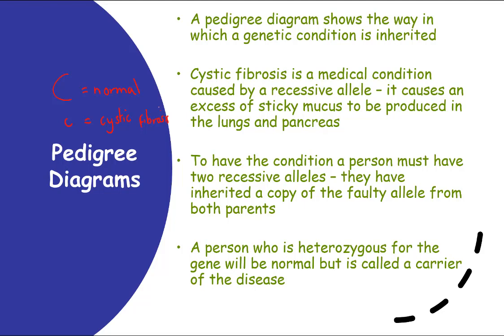Now, a person who is heterozygous for the gene will be normal, but is called a carrier of the disease. So a carrier would be big C, little c. They are heterozygous. And what this means for them is that they will not have the disease, but they can pass on this little c to their children, which might mean that their children could get this disease, but they themselves will not have cystic fibrosis.